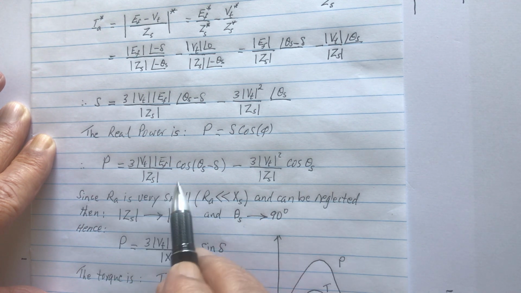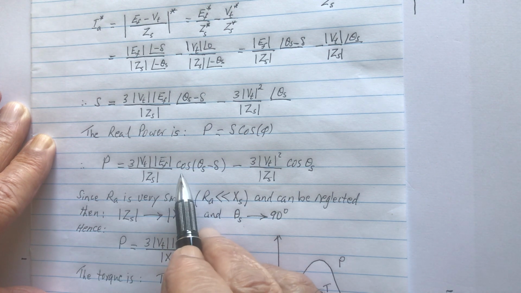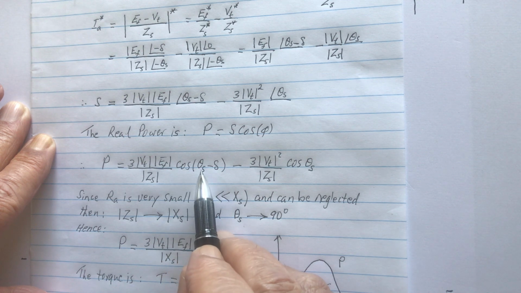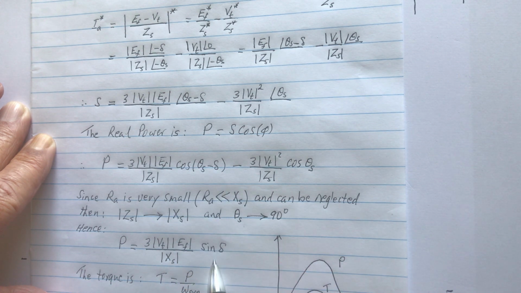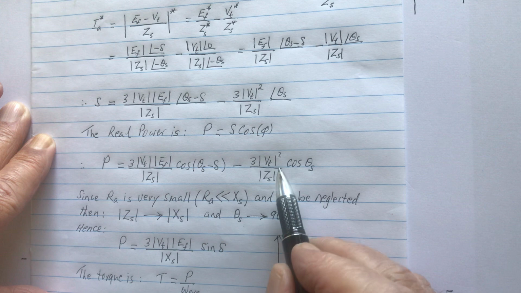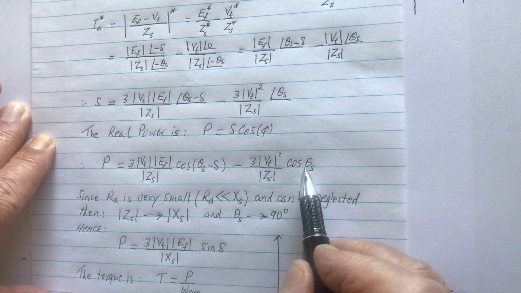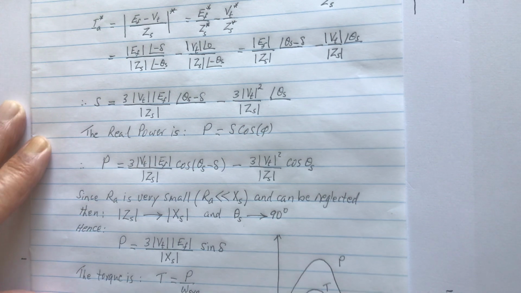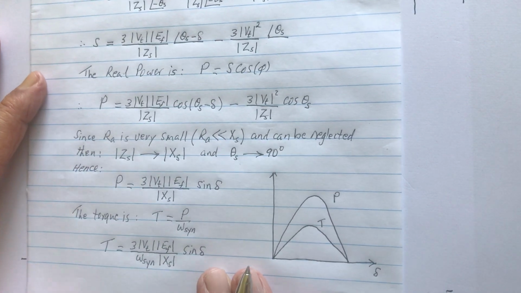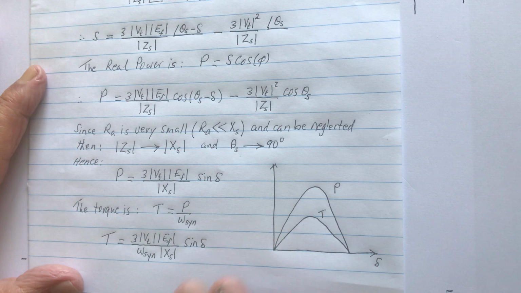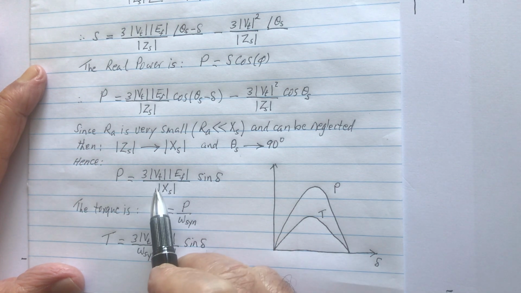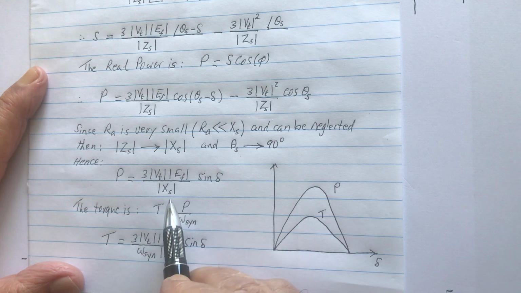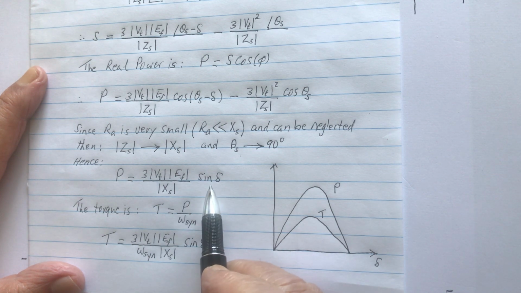Now, if we go back to the real power equation, cosine 90 minus delta will be sine delta. And cosine 90, as you know, is 0. So the resultant developed power by the machine is P equal 3 VT EF divided by XS times sine delta.